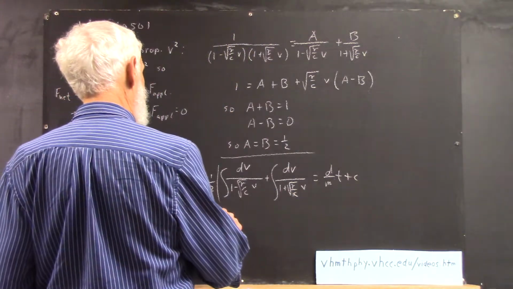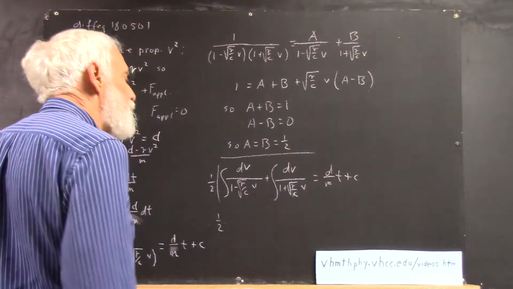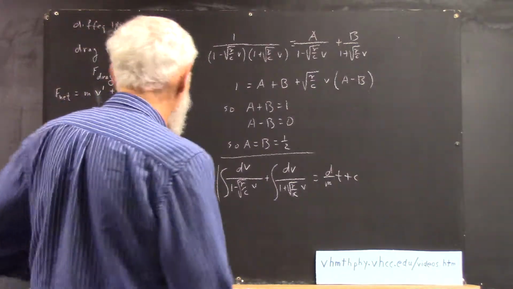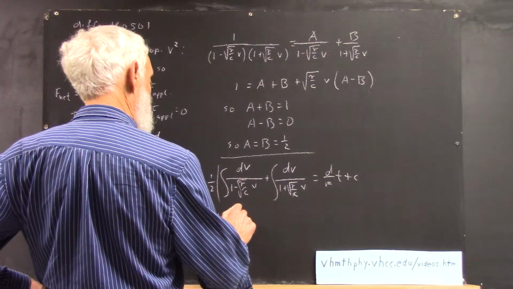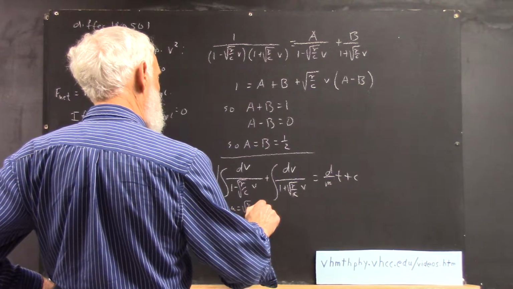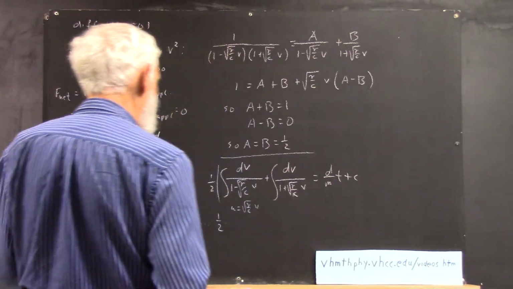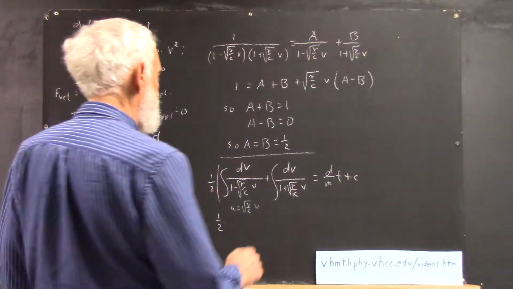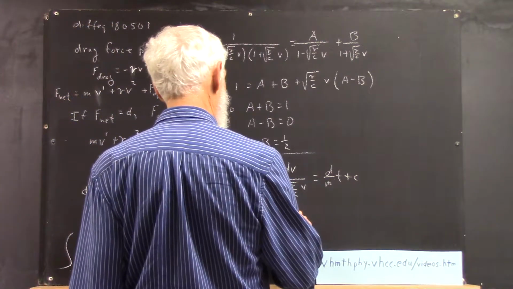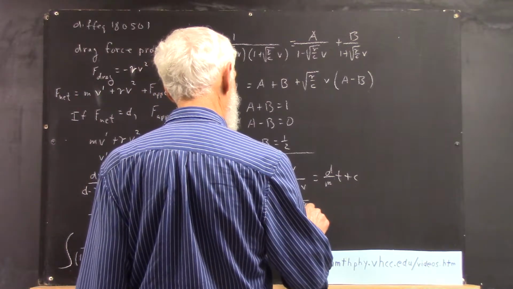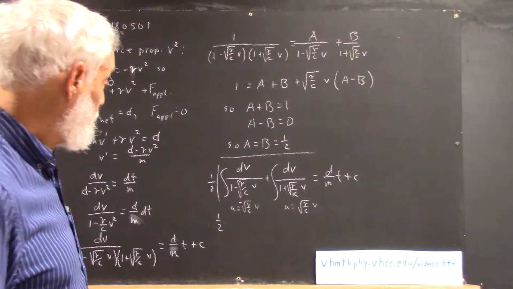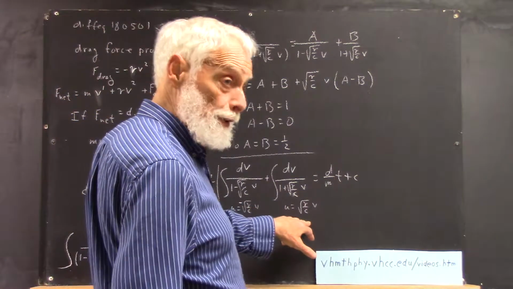And so we're going to then end up with 1/2. Now, because of the U substitution, if I write that out just for the details and make sure I do it right, if U equals the square root of gamma over C times V. Actually, in this case I'm going to let U equal negative this, and here I'm going to let U equal the square root of gamma over C times V, so I don't have to worry about the plus and minus signs, since they're taken care of.